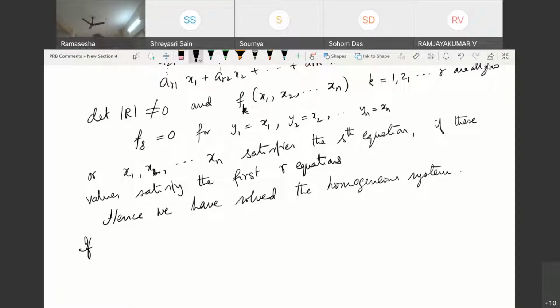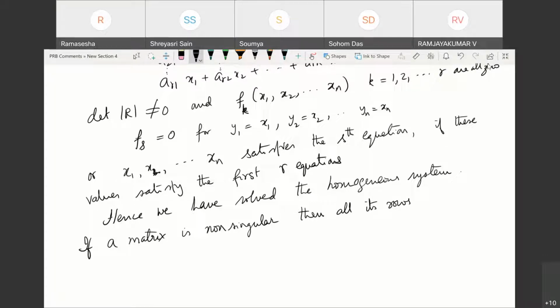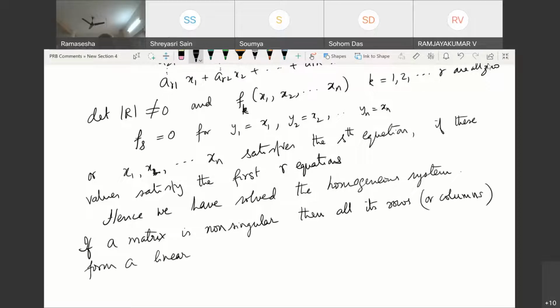If a matrix A is non-singular, then all its rows or columns form a linearly independent set of vectors.